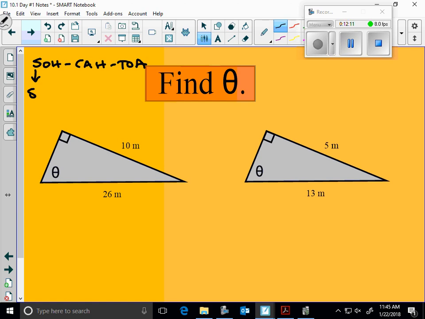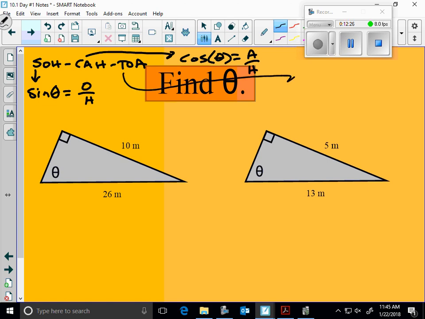Well, it means that the sine of theta equals opposite over hypotenuse. The cosine of theta equals adjacent over hypotenuse. And the tangent of theta, theta being an angle, always an angle, is opposite over adjacent.